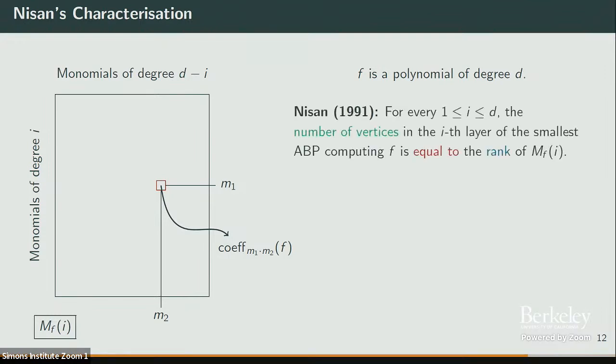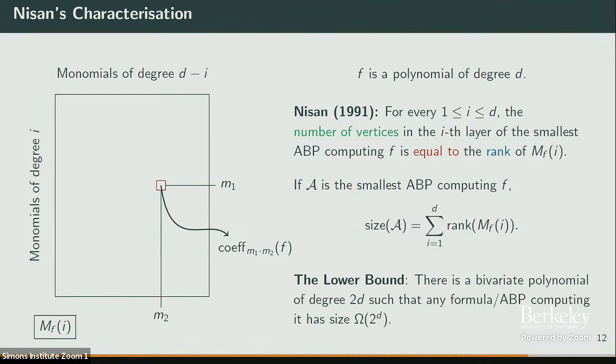And he showed that for any i between 1 and d, the number of vertices in the ith layer of the smallest ABP computing F is exactly equal to the rank of this matrix. We don't really get to see exact characterizations of size in complexity, which makes this a really nice result, and it therefore gives tight size bounds for any polynomial.